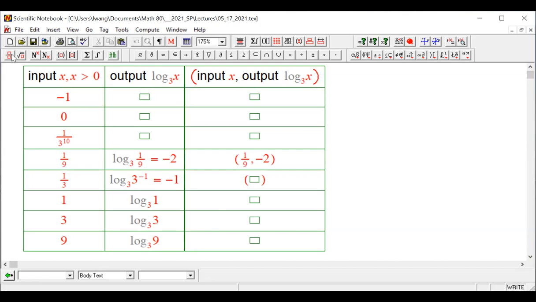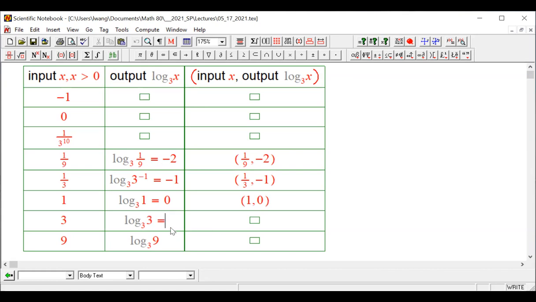So the next point: the input is 1/3 and the output is -1. Log base 3 of 1 is 0, so that gives us another point, input of 1, output 0.